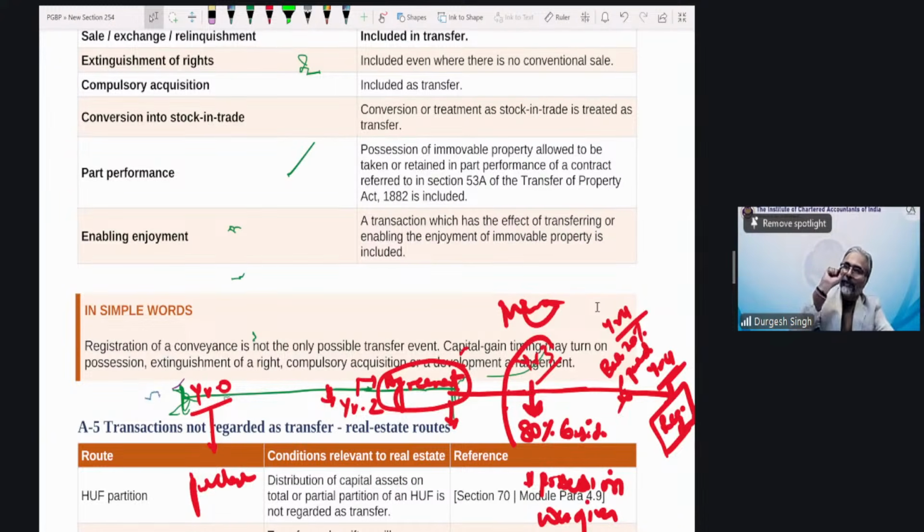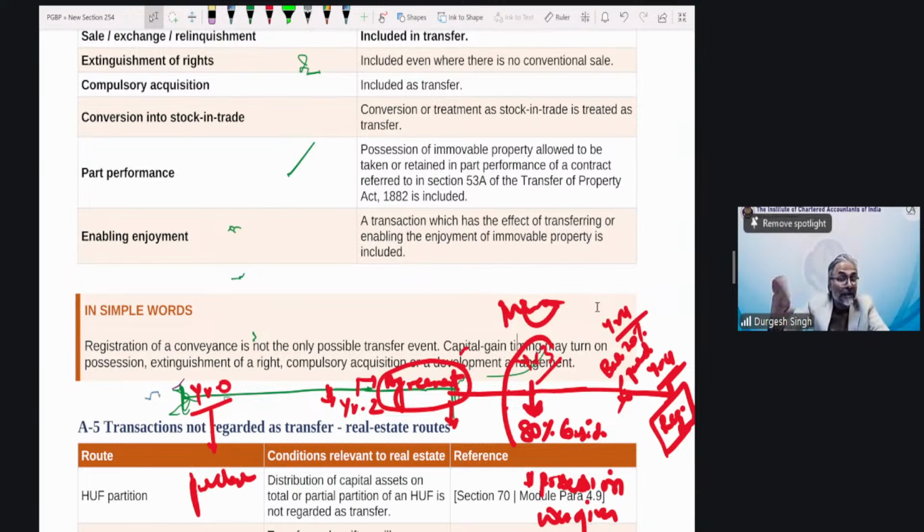When you write the answer, I must say that even in some judgments they have very loosely written revenue expenditure, but revenue expenditure is used in a very limited place like scientific research. There you have revenue and capital. In section 34, which is a general deduction, they only require that the expenditure should not be capital.